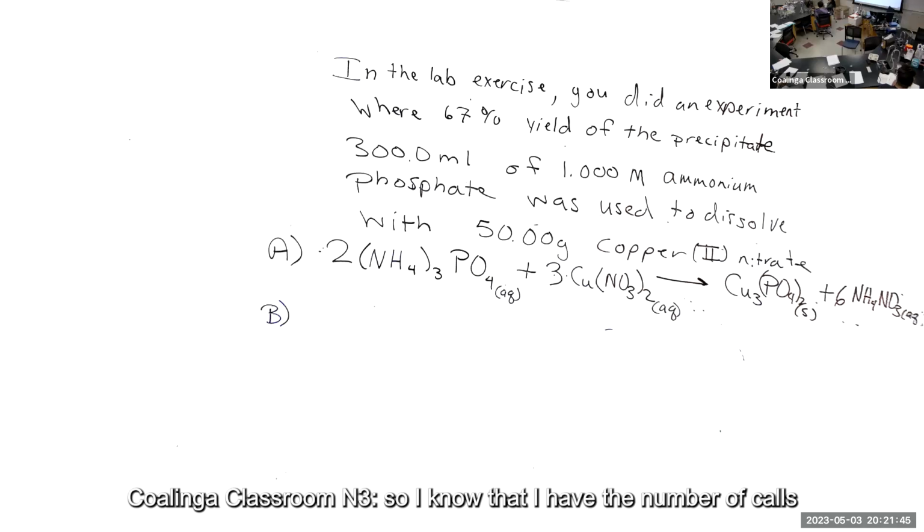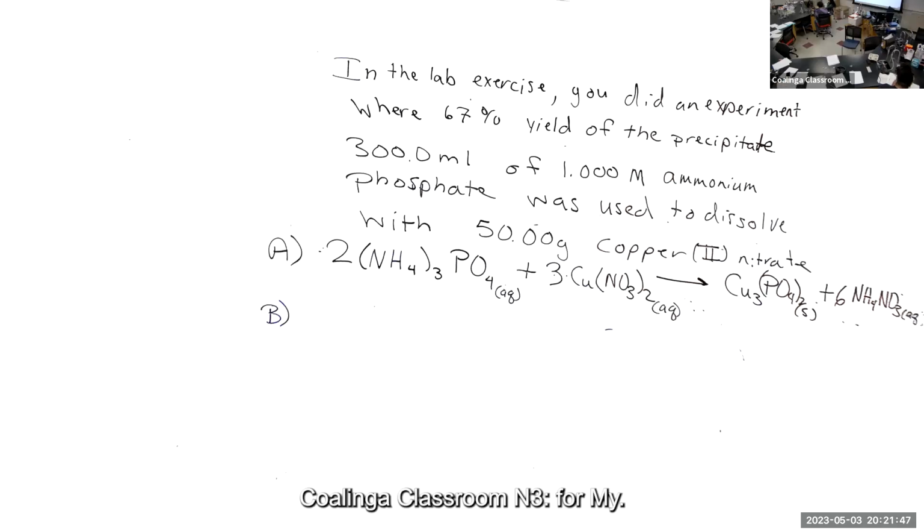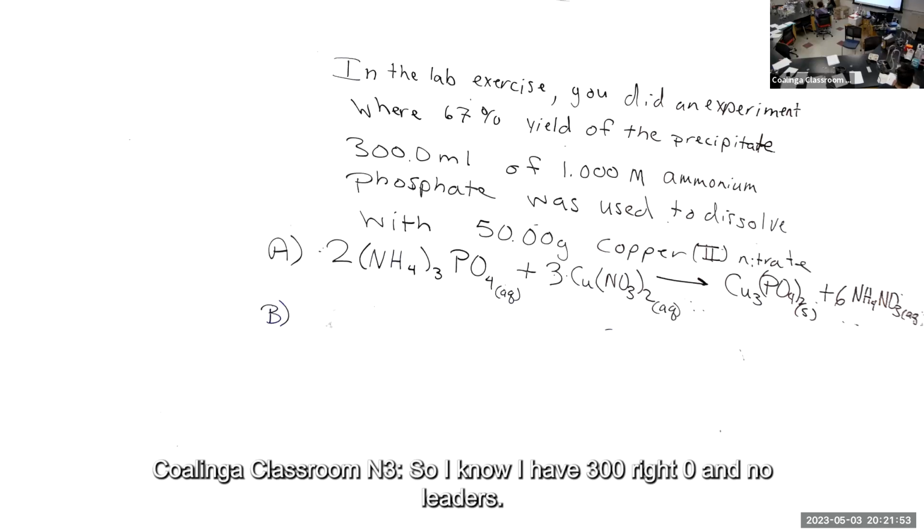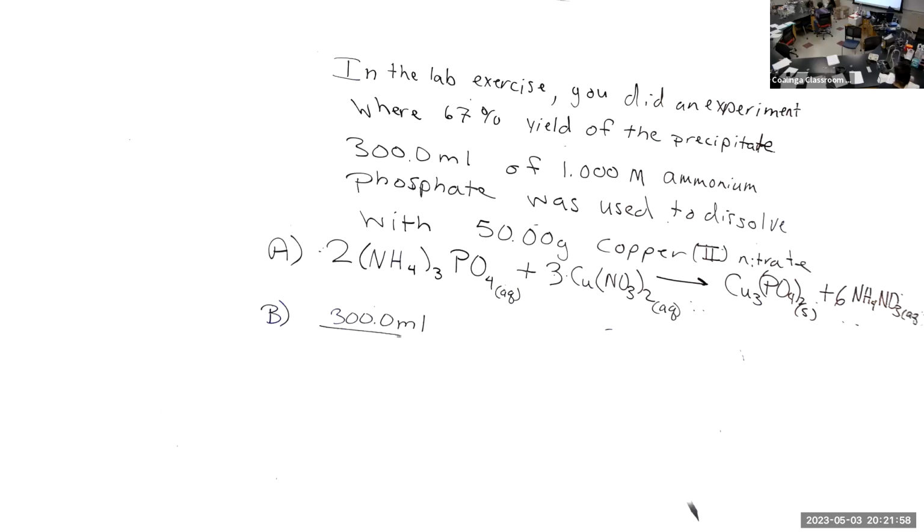So I know that I have the number of moles for my ammonium phosphate, which I can calculate. Let's do that right now. I know I have 300.0 milliliters of ammonium phosphate.